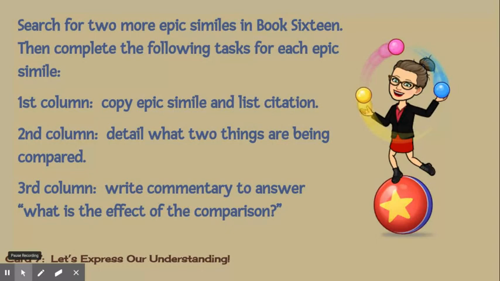In the first column, you're going to copy the epic simile and list the citation, as in the example in row 1. In the second column, you're going to detail what 2 things are being compared. And in the third column, you're going to write commentary to answer the question, what is the effect of the comparison? And I'm going to provide a sentence frame on the next page, and you'll have about 20 minutes to complete this activity.